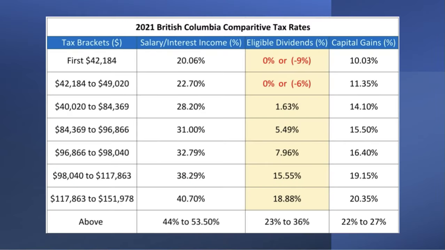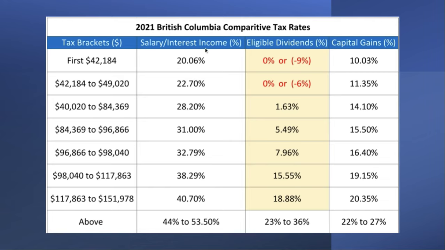We've got a tax spreadsheet here showing what the tax rates were in British Columbia in 2021. I've chosen British Columbia because that's where I live. Ontario's numbers will be slightly different, as will Alberta's and Saskatchewan's. This chart could have gone down 10 rows, but we've simplified it to show the first 42,000 at 20% if you're earning a salary, as well as interest income.